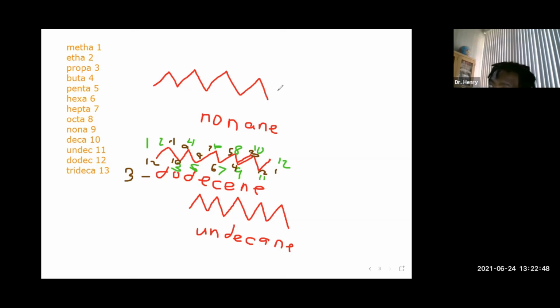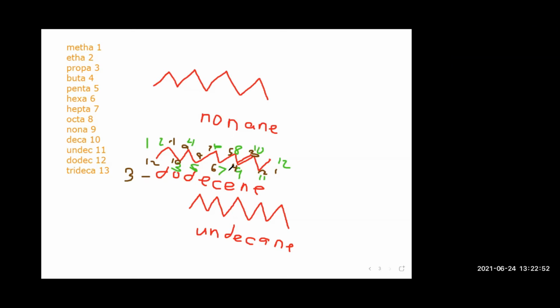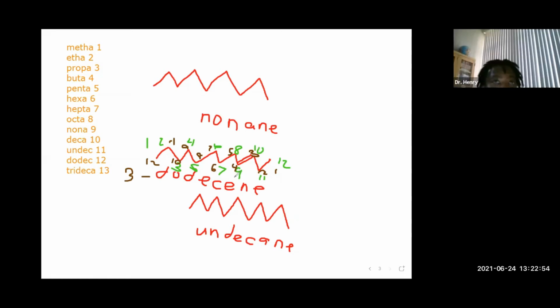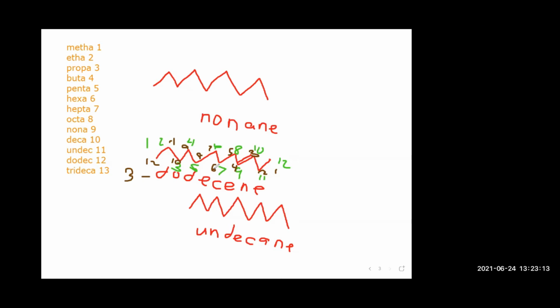Because if I went the other way, we would be starting at 9. So if I went with the green numbers, we would start at 9. It would be 9-dodecene. That would be incorrect because it's not the lowest for the functional group, or the functional group with the most priority. And we'll be talking about that as you guys are introduced to other functional groups. Okay, so that makes sense.